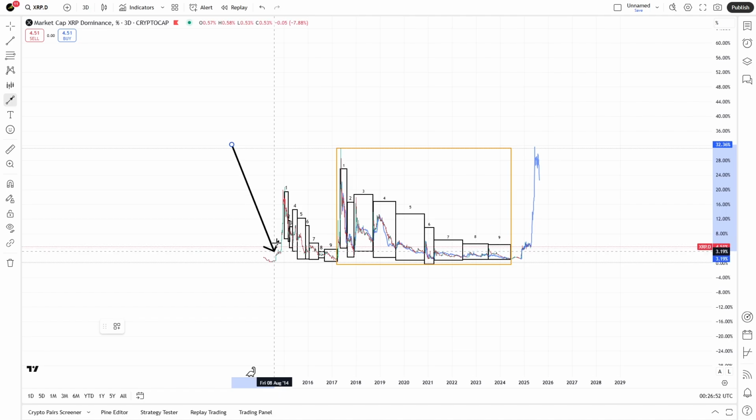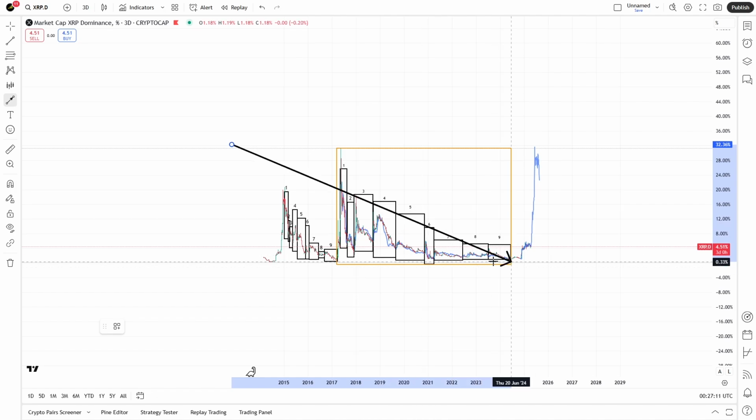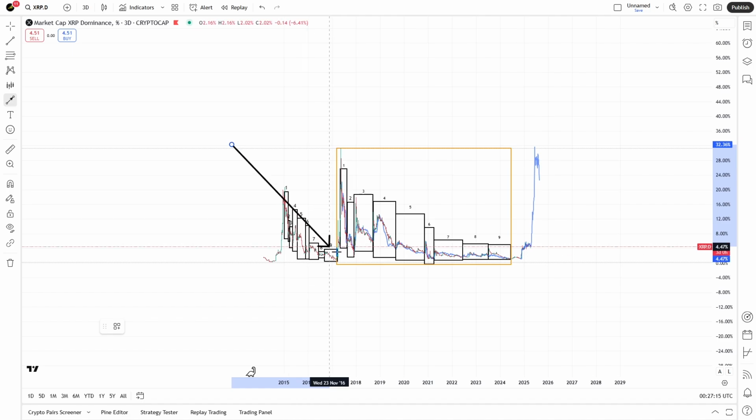So it starts with a move up, and then over time it winds down. I take this part where it winds down and break it into separate structures. So I label them 1 through 9, and then it repeats all over again. It shoots back up, and then it winds its way down to a point. Now, this blue line is essentially this structure just matched to the timing, height, and depth.